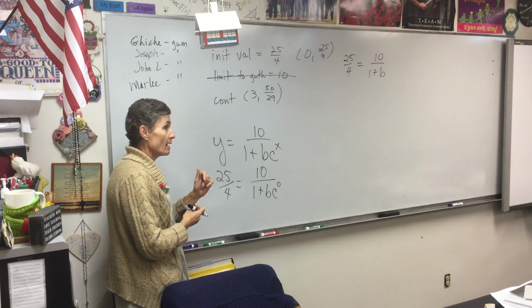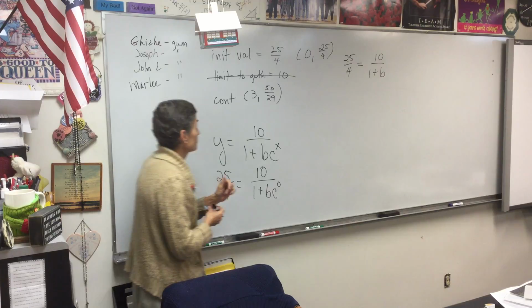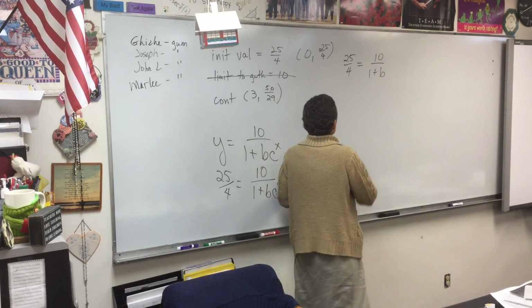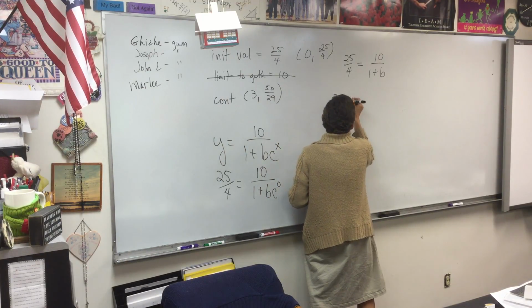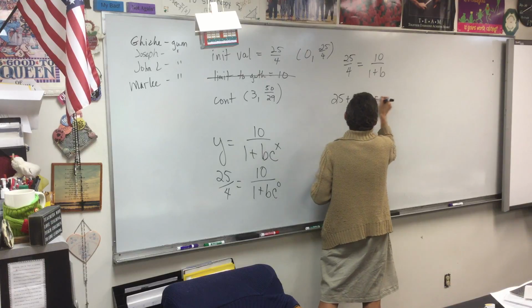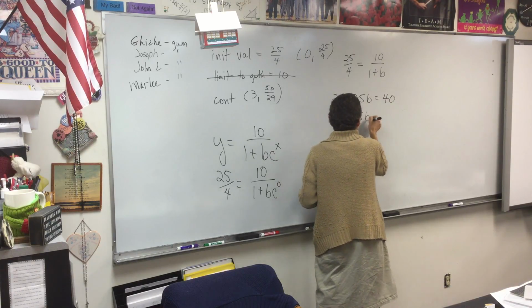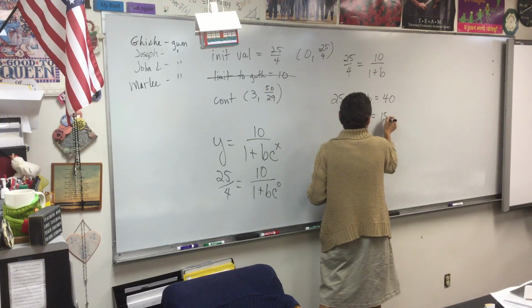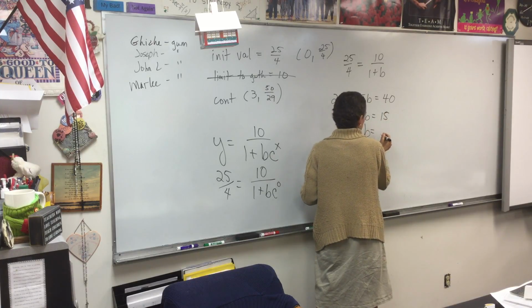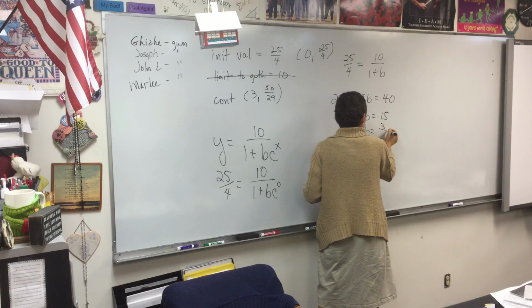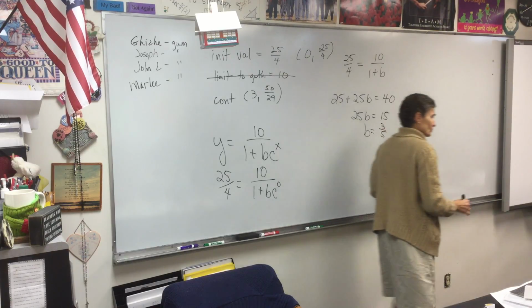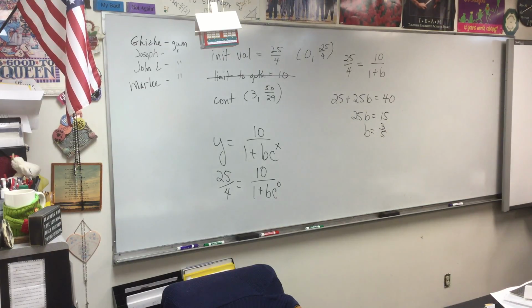And how do I solve that? Cross multiply. We do a lot of cross multiplying with these. So 25 plus 25b equals 40. So 25b is 15 and b equals 3/5. Good.